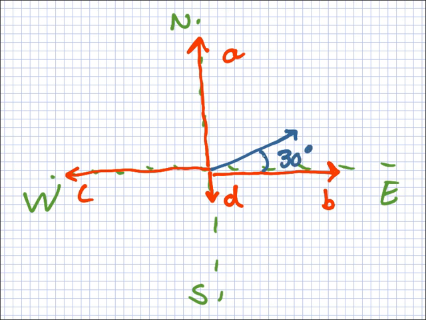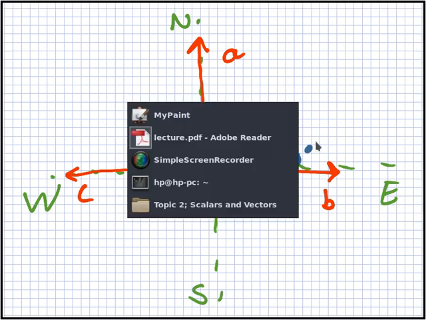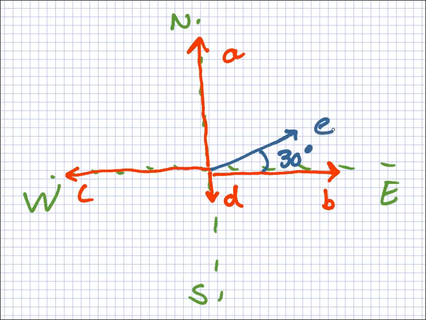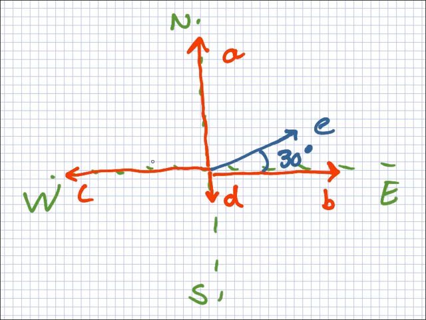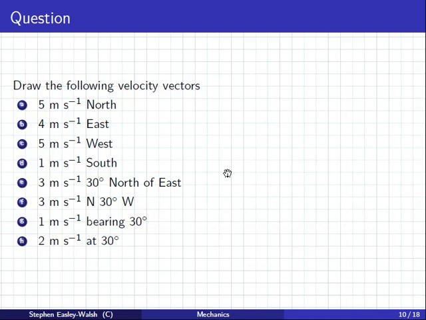This is east and you go north of it. That's E. Okay. North 30 west. This is north 30 west. It means you start north and go 30 to the west.